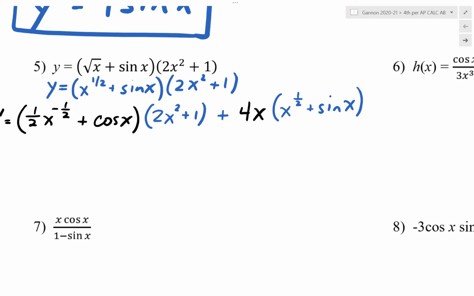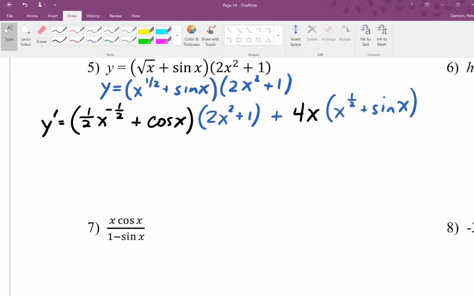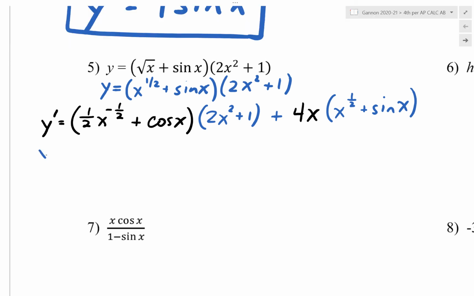And at that point, all that's really left to do would be to expand it. You know, the calculus has been done at this point. We could expand it and see if anything combines to simplify it down. So we would have to distribute. So 1/2 times 2 is going to be 1. x to the negative 1/2 times x squared is going to be x to the 3/2.